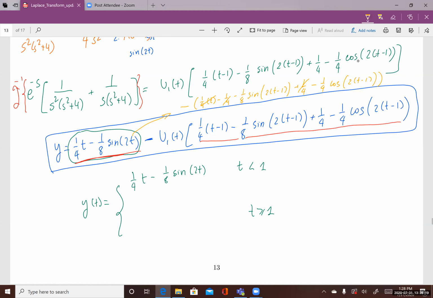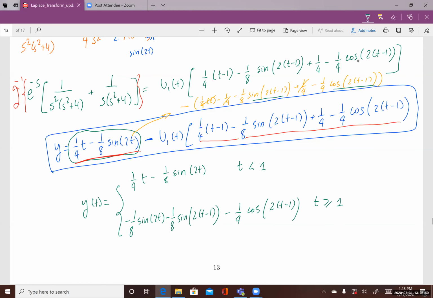I have negative 1/8 sine of 2t, and I still have negative 1/8 sine of 2(t minus 1), this term. And I still have this term right here, so I should leave a little more room for this. The last term is negative 1/4 cosine of 2(t minus 1), for t is greater than or equal to 1.